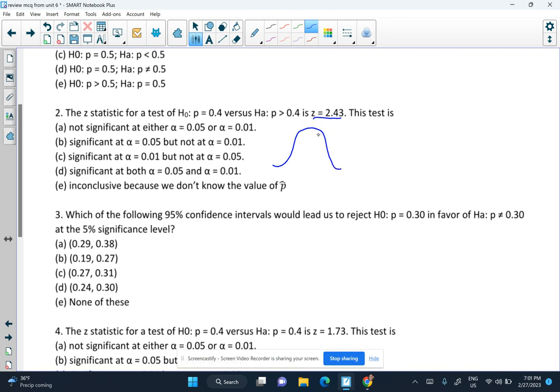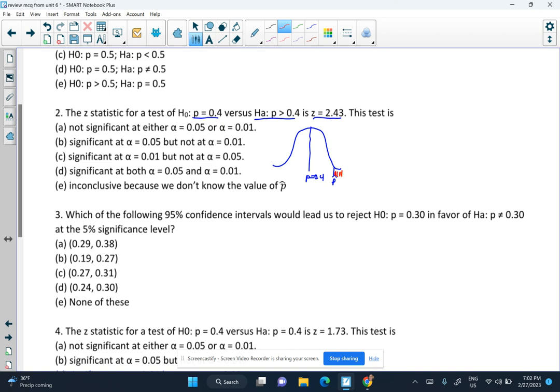And so we start making our bell curve. From this null hypothesis, I know p is 0.4. And I know that the alternative is greater than 0.4, but they didn't give us a sample proportion. Normally they give us some sort of sample proportion, and we would be shading above and finding that p-value.